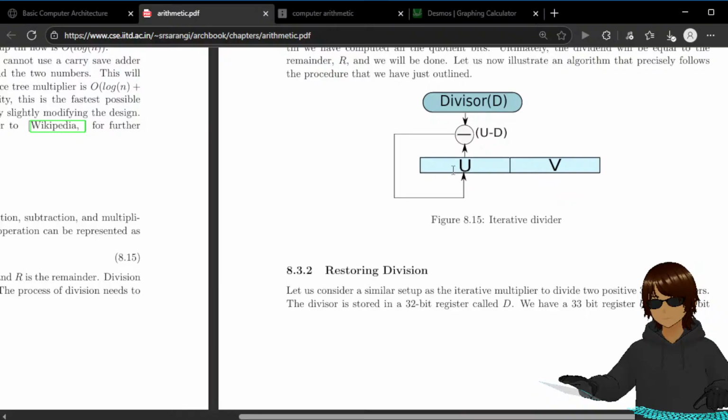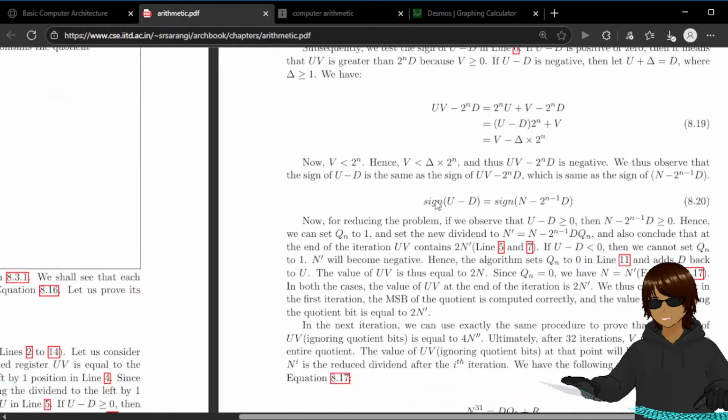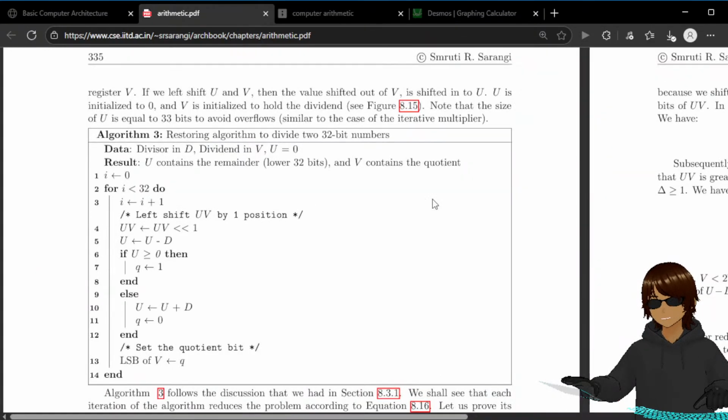Wait, let me see. Subtracted, and then you do a left shift, U minus D, and then a left shift.